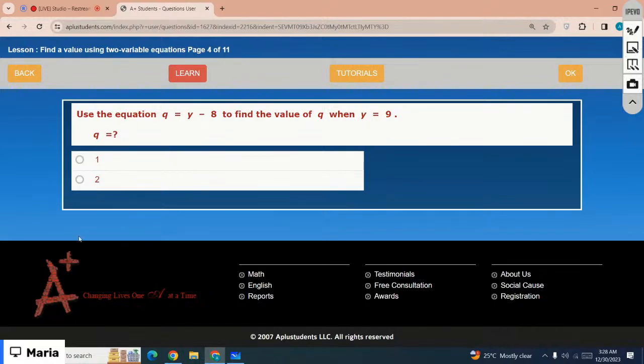The correct option is 1. Option number 1 is the correct option.